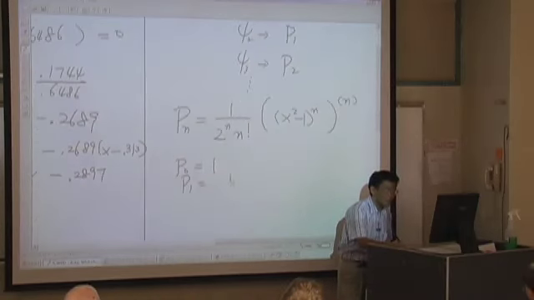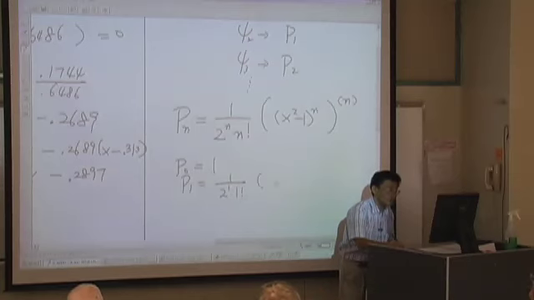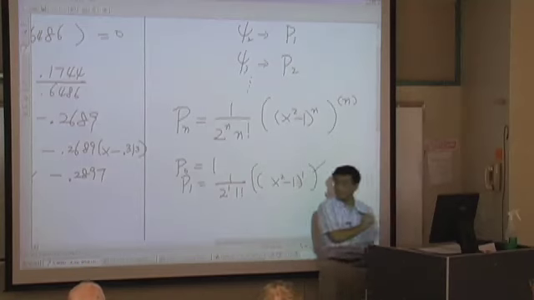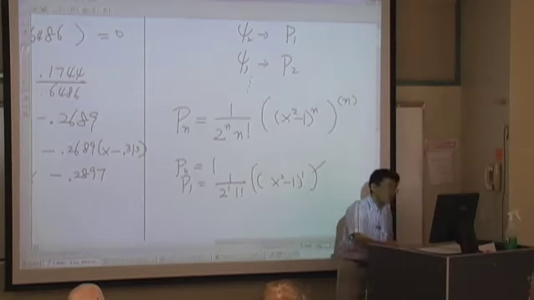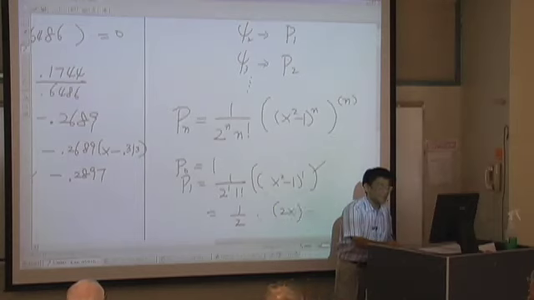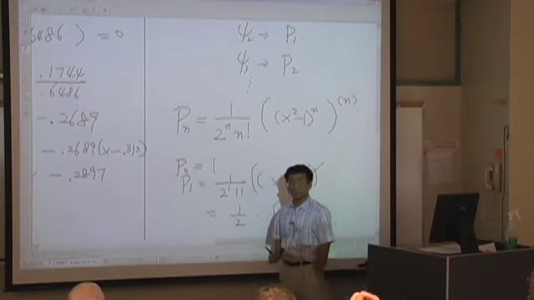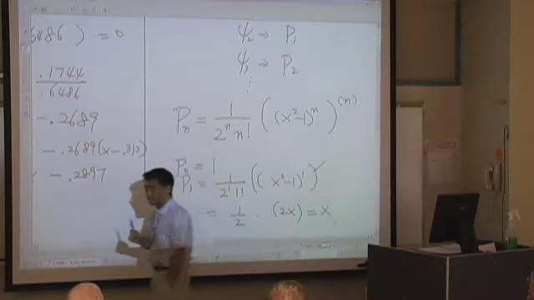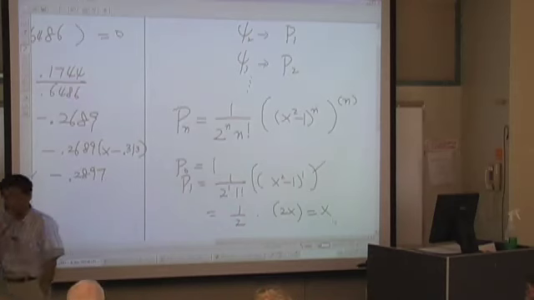Then 1 over 2 to the power of 1, 1 factorial, and then (x squared minus 1) to the power of 1. Differentiated how many times? 1 time. Then it is 1/2 multiplied by this derivative. This derivative is what? 2x. Then it is x.